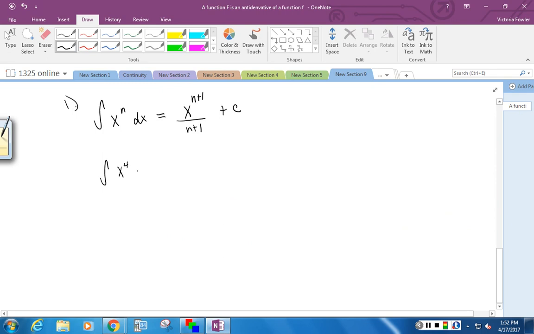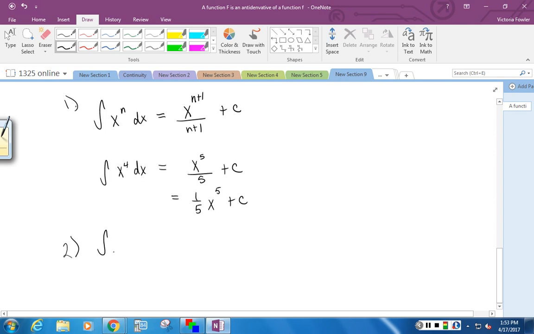I could also go a little bit further, put x to the 4th dx, and if I tell you to find the antiderivative, you would go, oh, all I have to do is add 1 to the power, divide by it, and don't forget to add my constant. Another way that you'll see this written is, as I did before, you could put that 1/5 off to the side there, and that would be the same thing. Okay, either is acceptable.